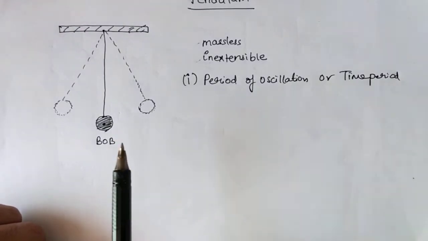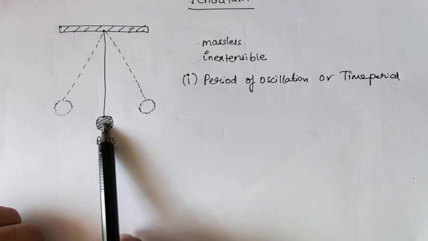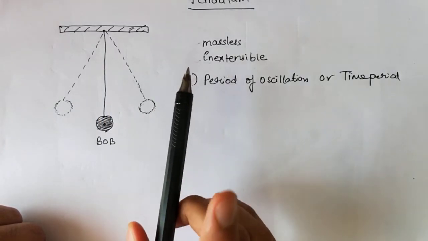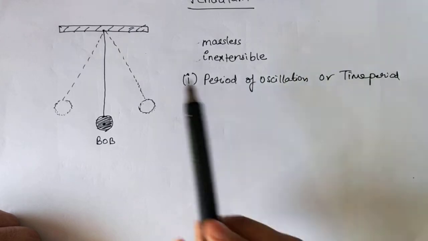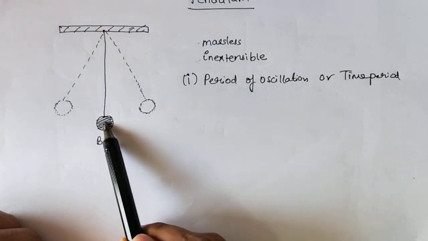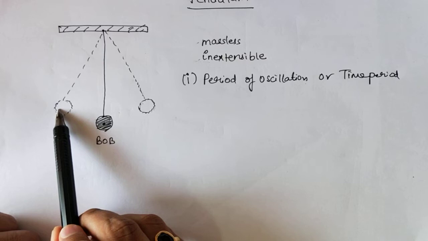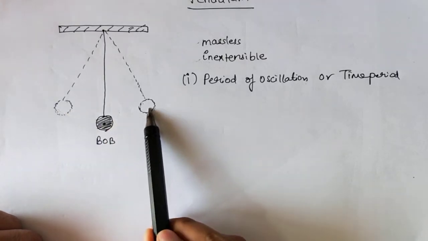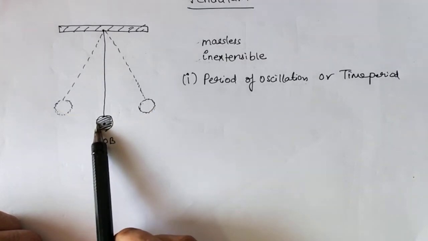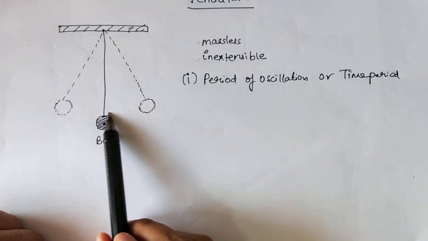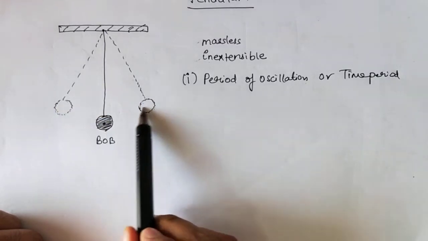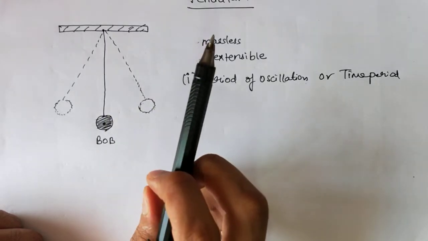It is the time taken by this bob to complete one oscillation. Now what is one oscillation? First of all, what is an oscillation? If I push this pendulum, it will go to the left hand side, then to the right hand side, and then it will come back to the original position. This entire movement from left, right, and then center is called one oscillation.